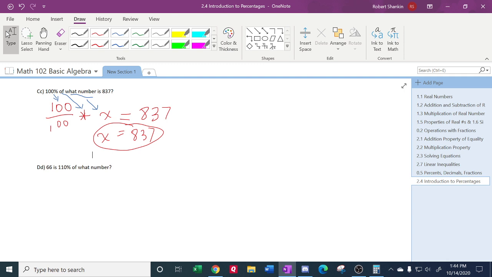Okay, once you have your equation, go ahead and type it into your group chat and discuss that briefly.